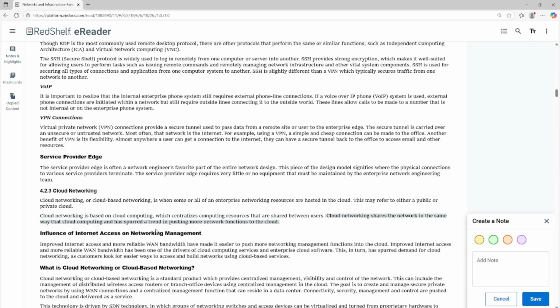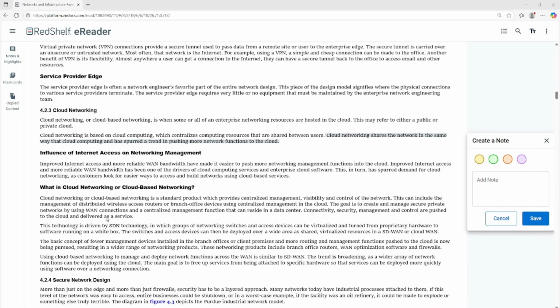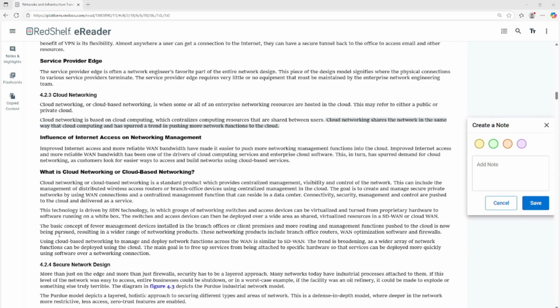A lot of people rent storage from Amazon and store their data there because they don't want to have hardware within their offices. So that's cloud. It's being managed from a centralized location, but somewhere remotely. You can read through this for a better understanding.